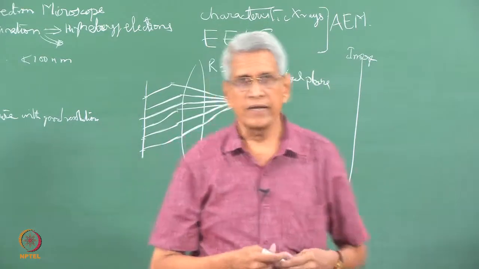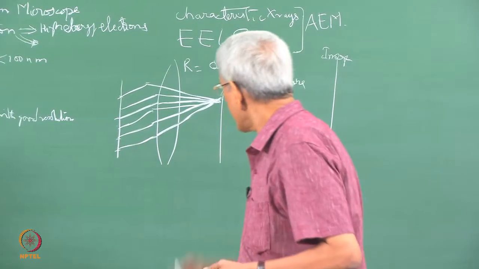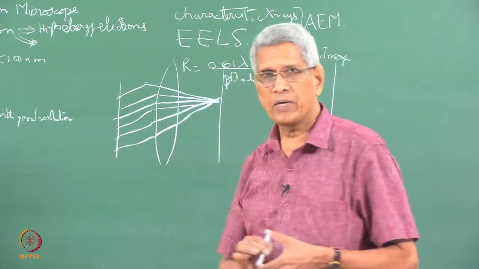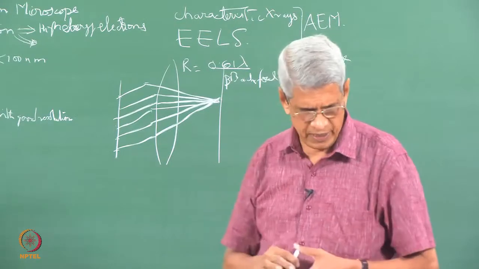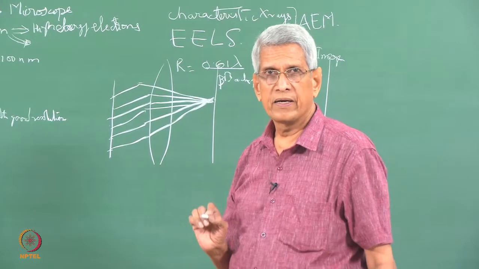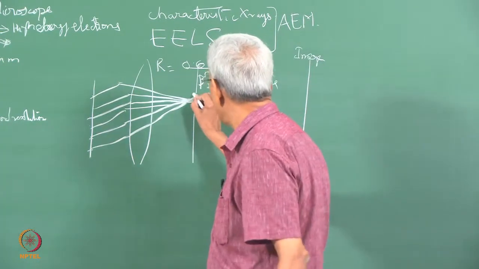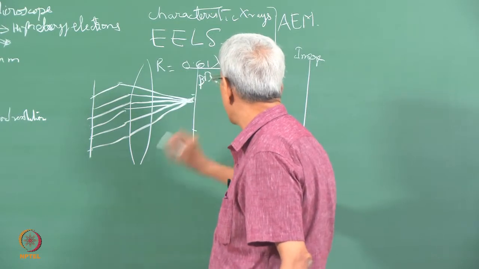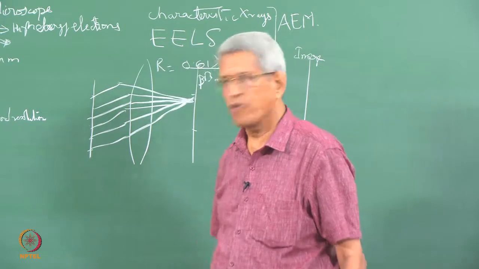How to draw the ray diagrams and find out the back focal plane as well as the image plane, all these aspects we have covered in detail. What is essentially important, which is a characteristic of the lens, is that at the back focal plane we get diffraction information, and at the image plane we get image information.